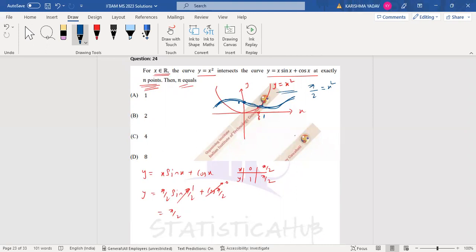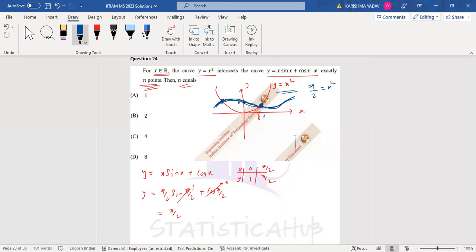If I draw this curve, it will exactly intersect the curve y equals x square two times, that is here and here. It will intersect only two times.